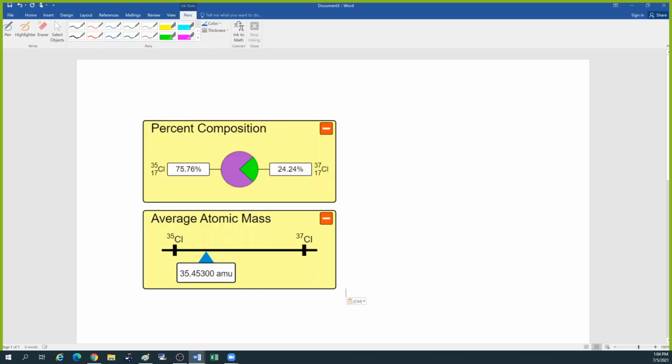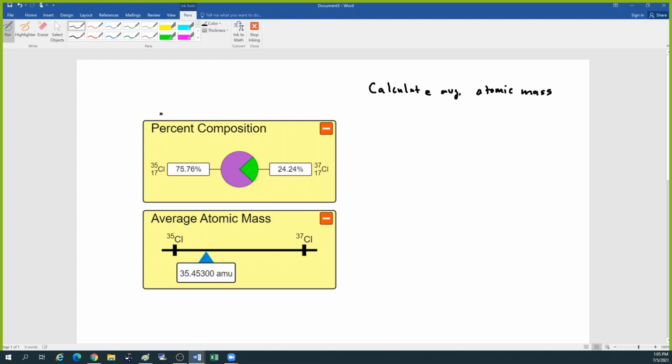All right. So I'm going to show you a real easy way to calculate this. There are two parts that you need to know.